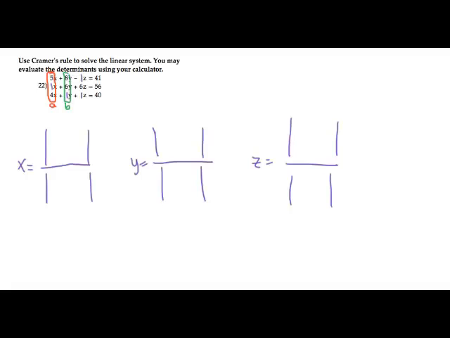The numbers in front of z, don't forget about that negative, those are c. And last, the numbers on the other side of the equal sign are the d. And then in your notes or on the back of the review, you need to fill in the a's, the b's, and the c's.